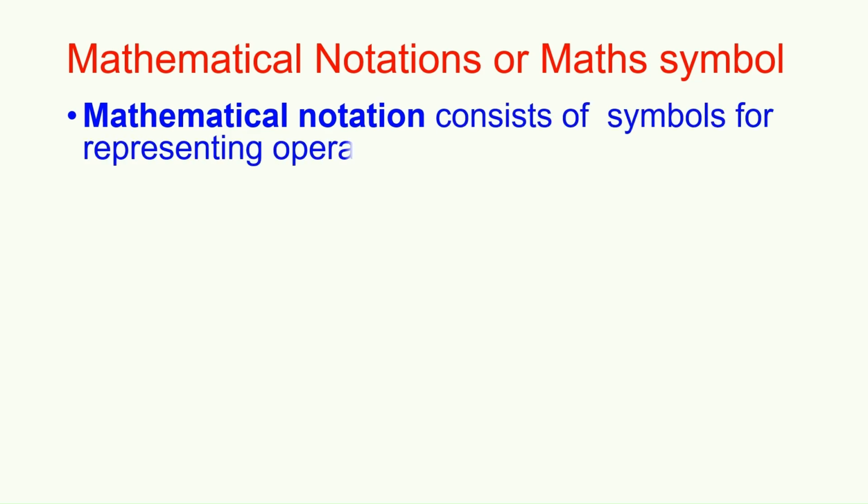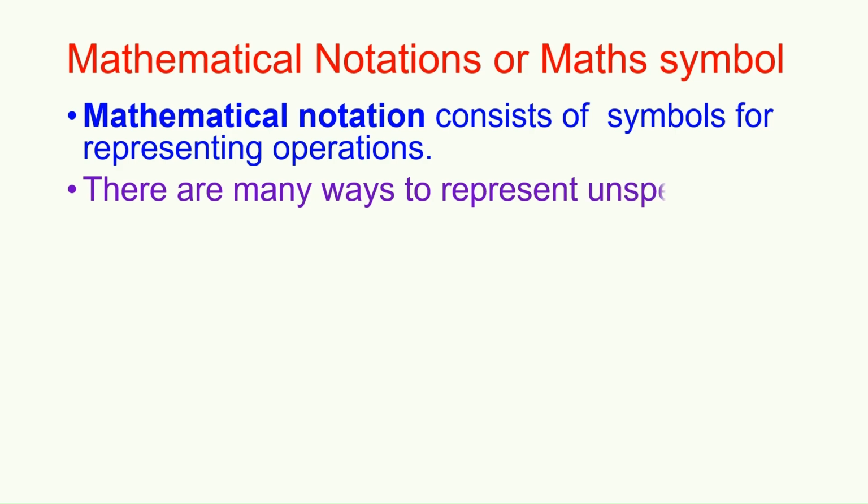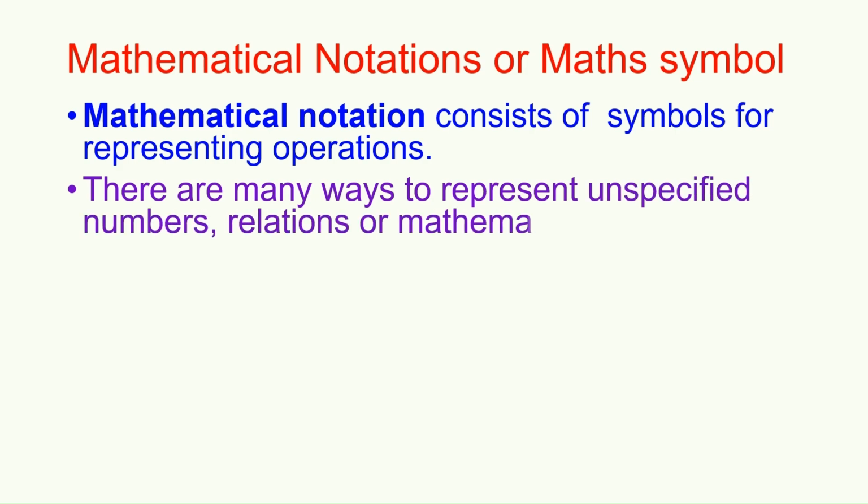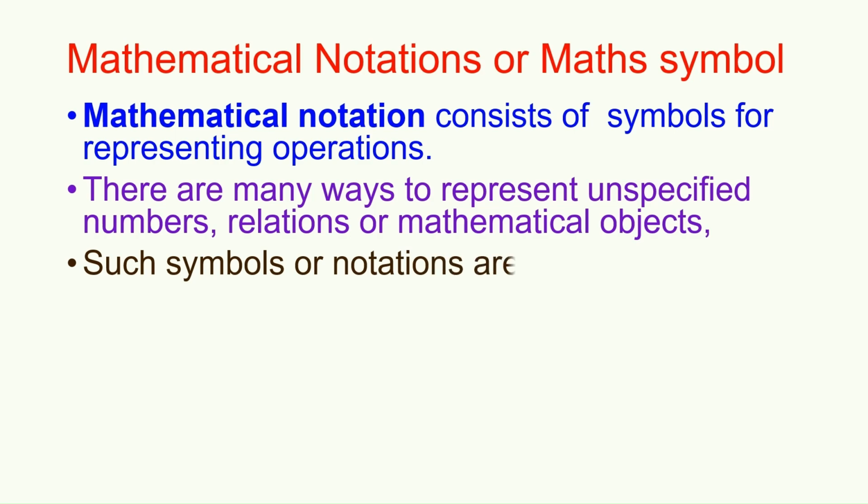Mathematical notations and math symbols. Mathematical notation consists of symbols for representing operations. There are many ways to represent unspecified numbers, relations, or mathematical objects.